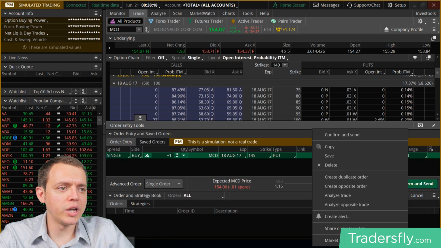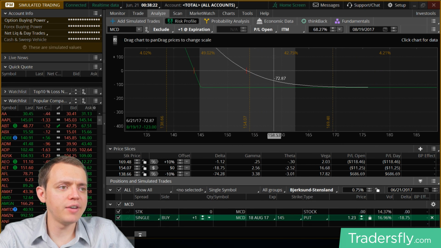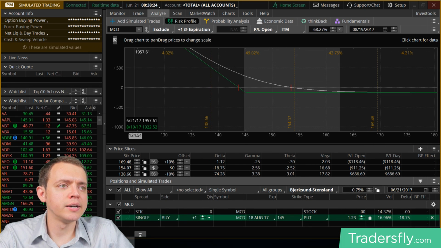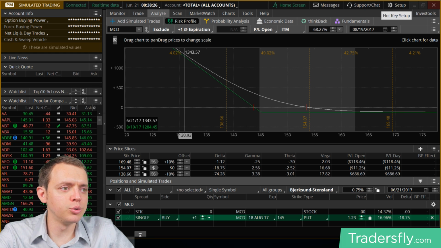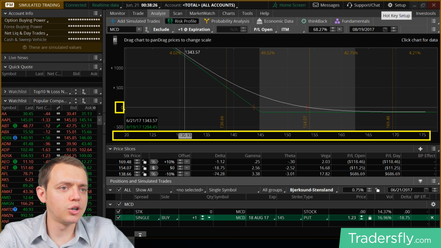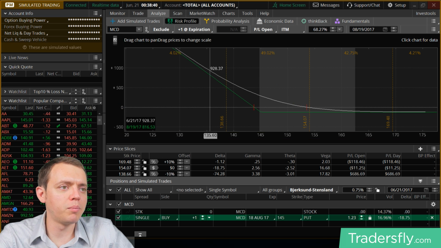So here I'll right click, buy a put, analyze the picture, and you can see here I have a downside move. I need this stock, or this option really, to move to the downside. So here's our price level, right? Here's our zero line, and you can see there's my current price at the 154. I want that stock to move down because that's when I make more money, right?